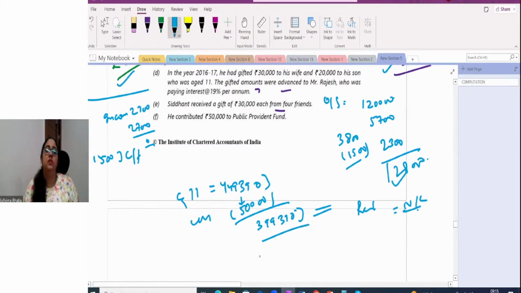Since the person has a gross total income of less than 5 lakh, you do compute your tax liability, it would come to somewhere around 7,470. ठीक है, as per slab base. Now since the income is less than 5 lakh, you will reduce the rebate, and hence it would be nil.